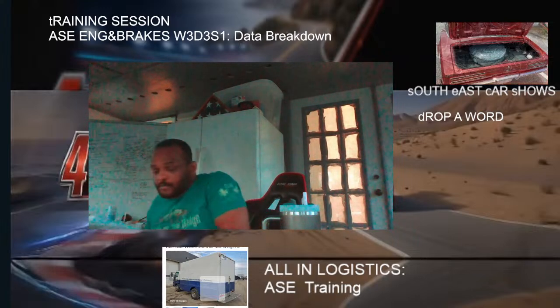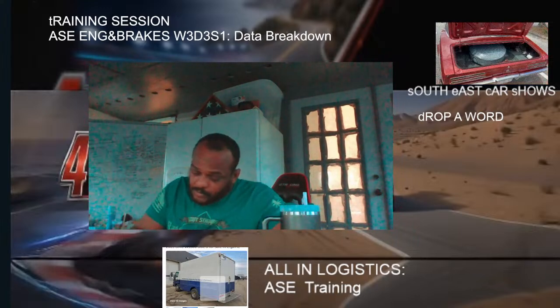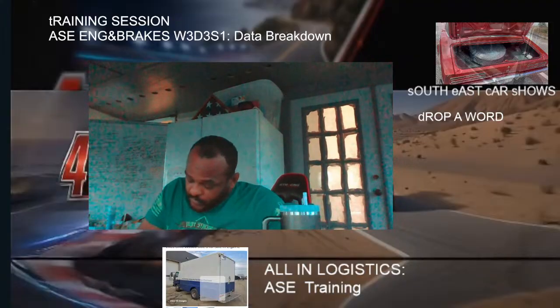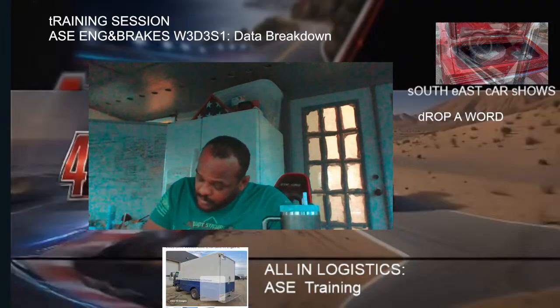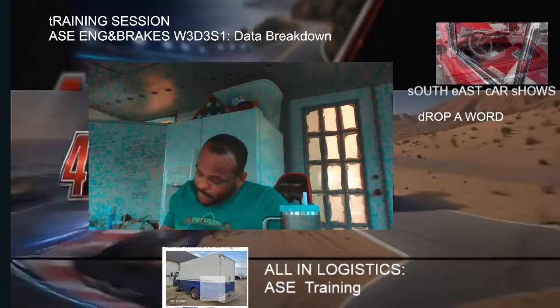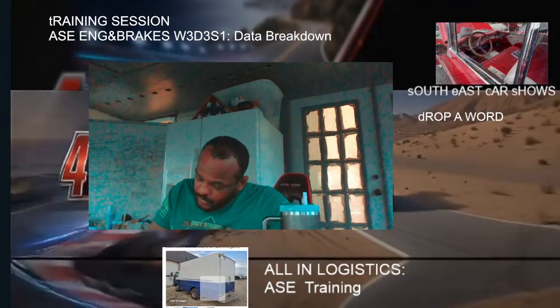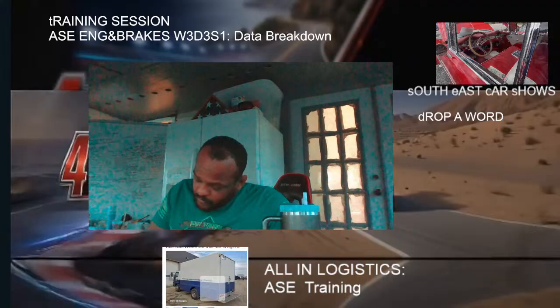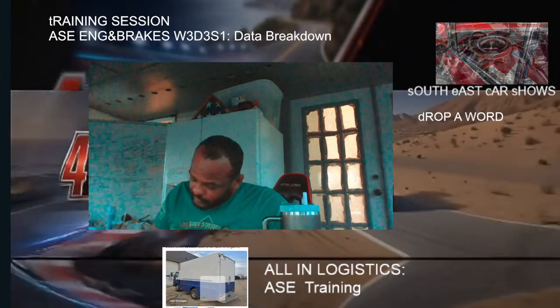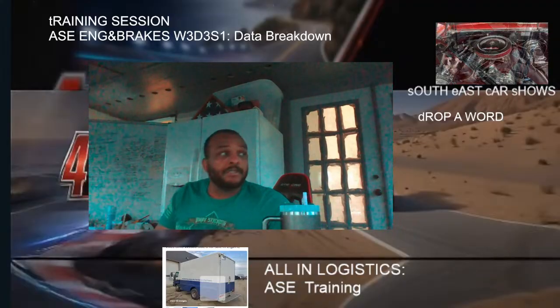All right, so our main focus, based on what we've seen: engine diagnostic, cylinder head, valve train, timing system, engine block, and pistons.